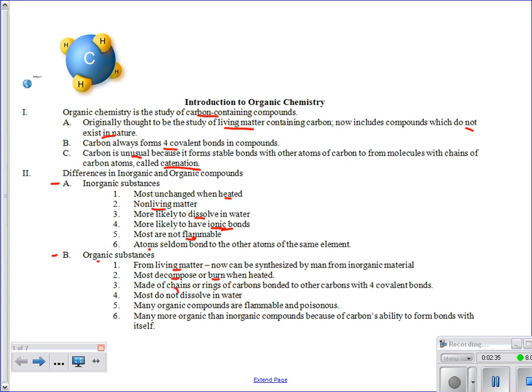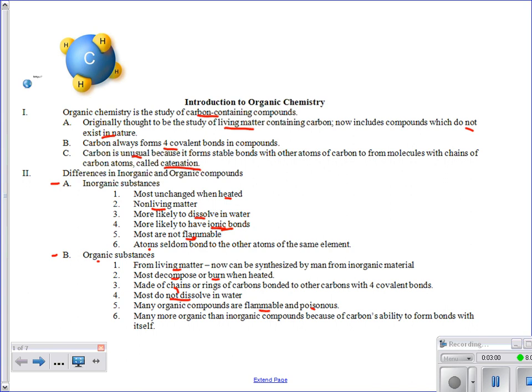It's made of chains or rings of carbon bonded to other carbons with 4 covalent bonds. We've said that quite a few times. Most do not dissolve in water, right? So on most of these, you're not going to see poles. You're not going to see positive and negative sides to them. Many organic compounds are flammable, like we said, combustion reactions. You also have quite a few that are poisonous.